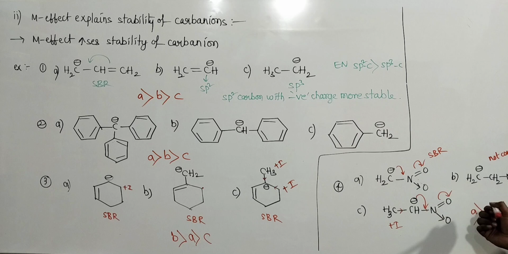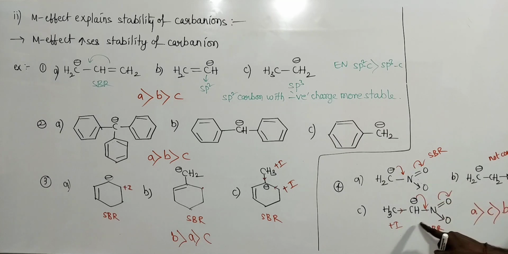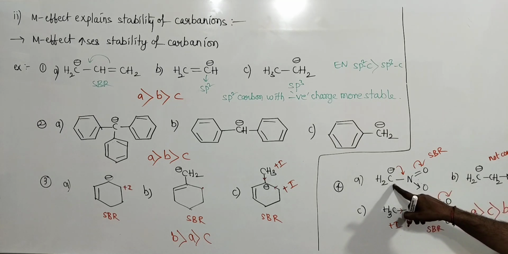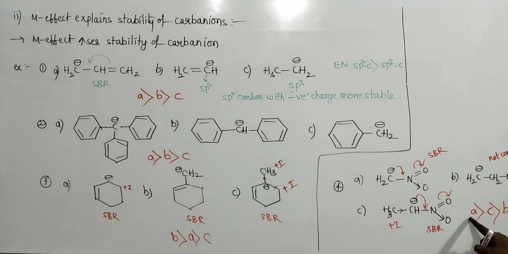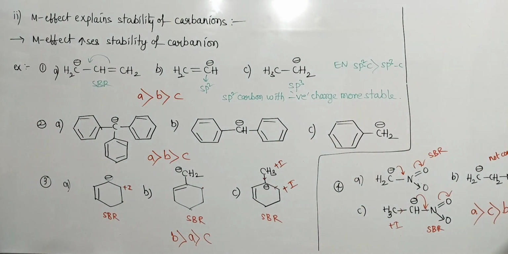These two are stabilized by resonance. Here there is an unfavorable effect, here no effect. This one is better. A is more stable than C. Between these, B has no conjugative system, that's why B is unstable among these three. Okay, so take this one.